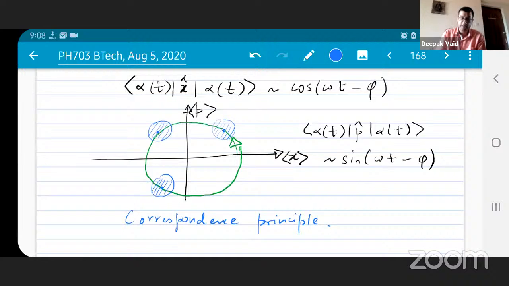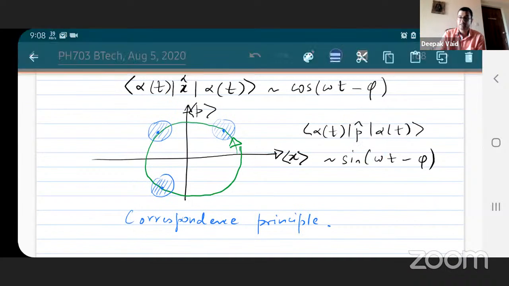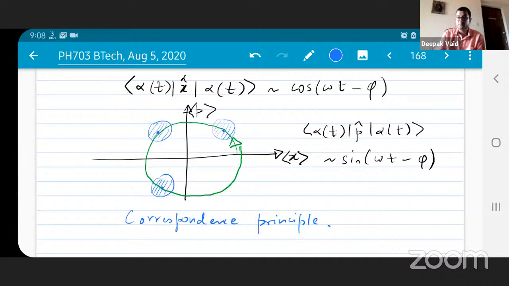And again, keep in mind that as such, there is no quantum trajectory to speak of, okay? Because X and P are statistical, these are operators, right? So when I calculate the expectation value of X and P, I have to do this experiment many times, right?